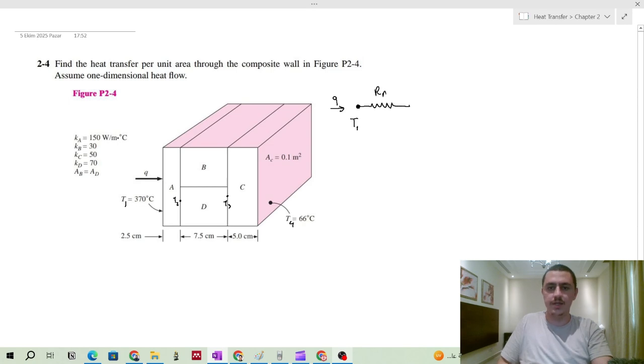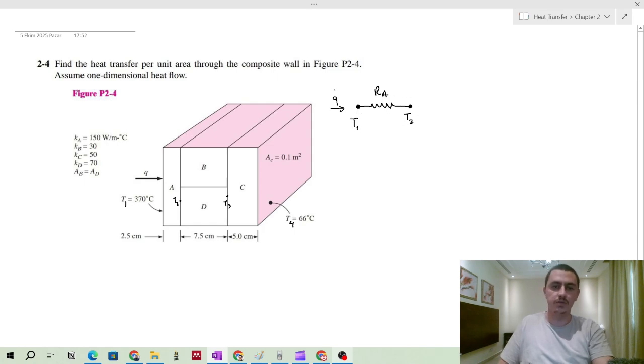You have resistance A here, then you have temperature 2. The temperature drop between 1 and 2 is because of the resistance. We can analyze what happens here by knowing the resistance and T1, and we can know T2.